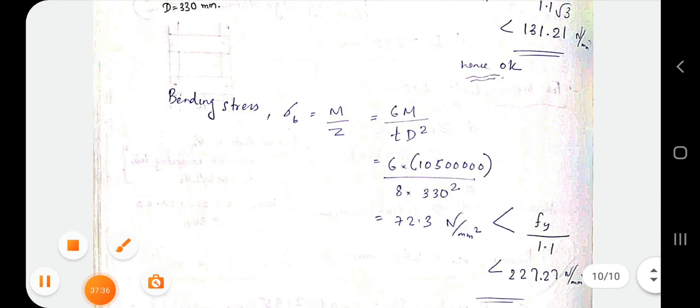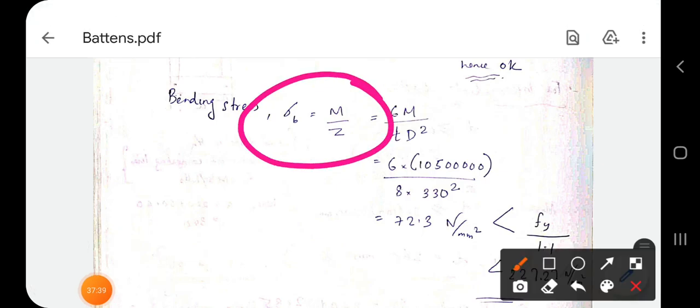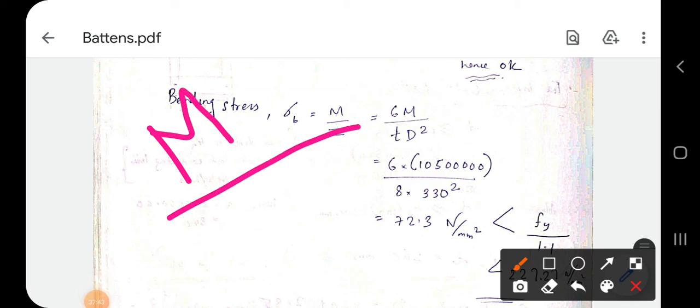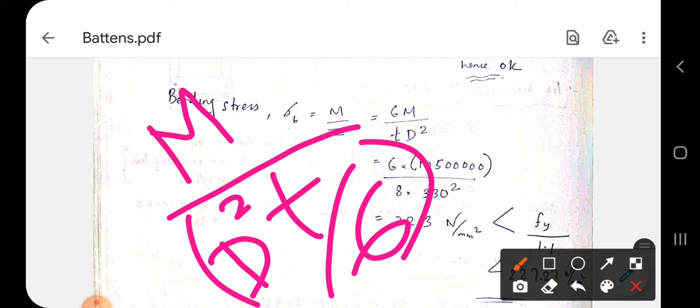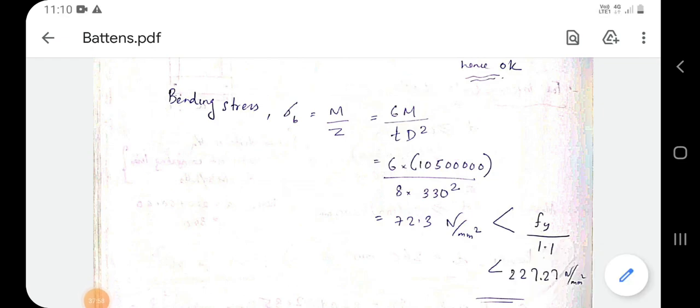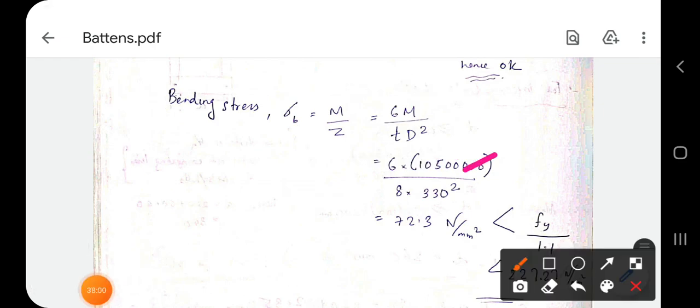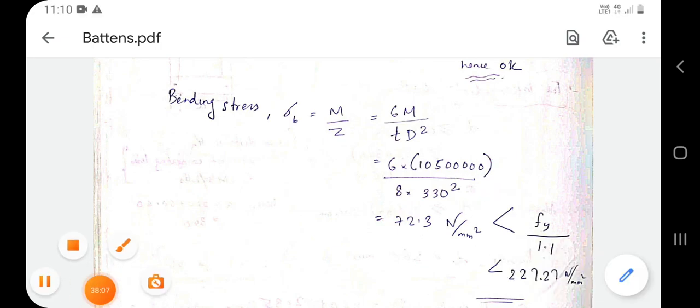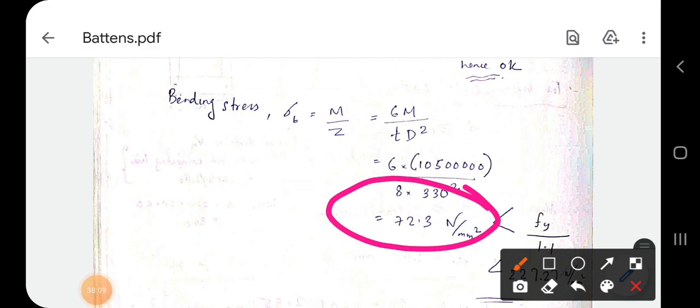Now check for bending stress. Sigma B is equal to M by Z, and substituting the value of Z as D square T by 6, rearranging it, we will get 6M by D square T. Substituting the value of M in Newton meter and D as 330 mm and T as 8 mm, we will get the bending stress as 72.3 Newton per mm square.